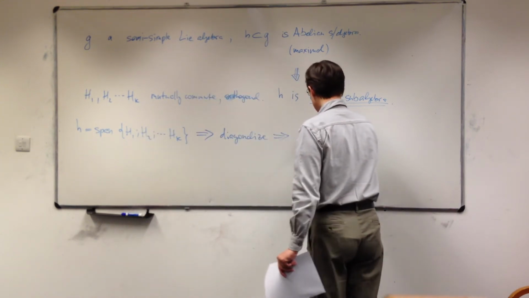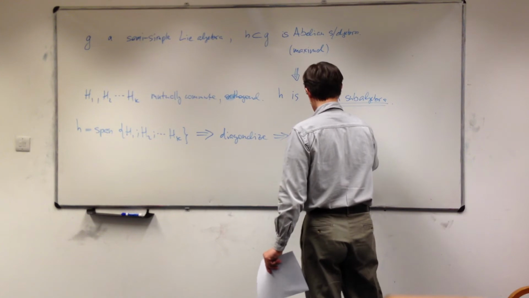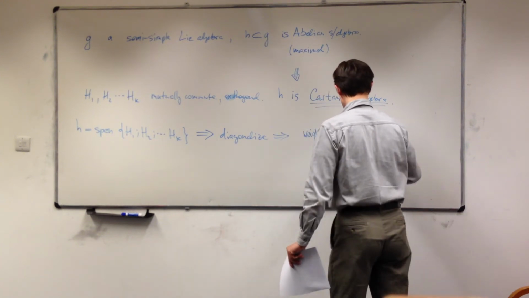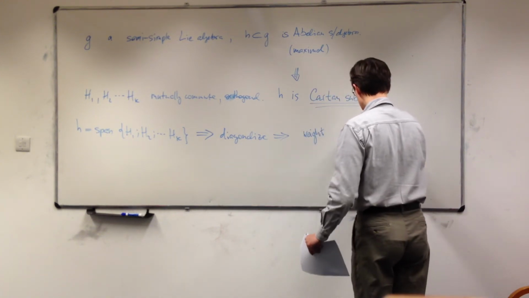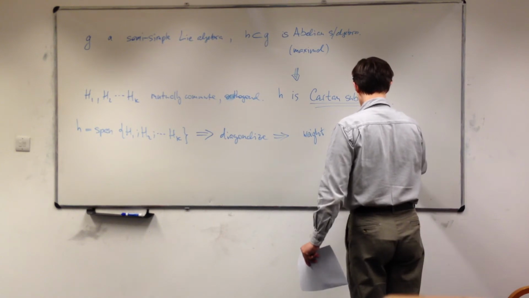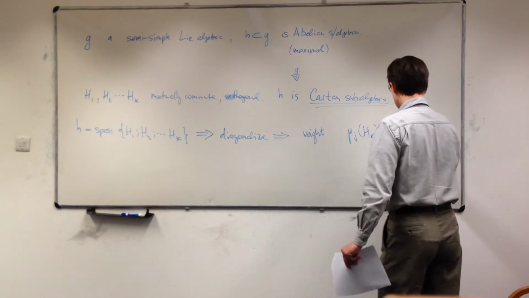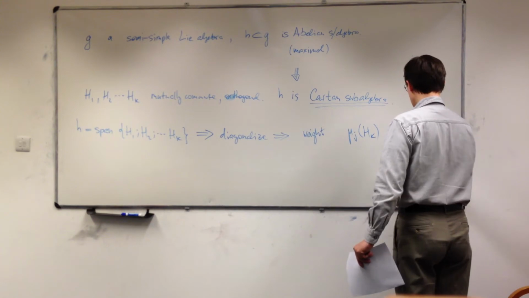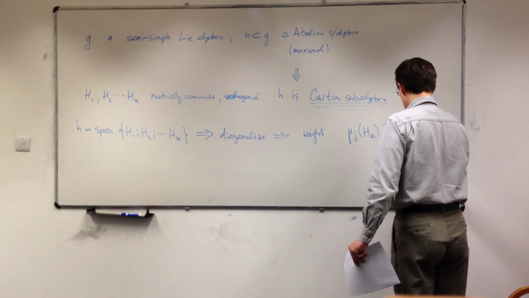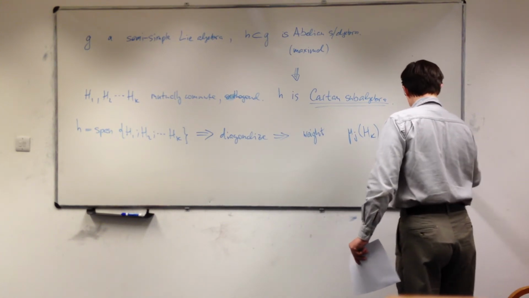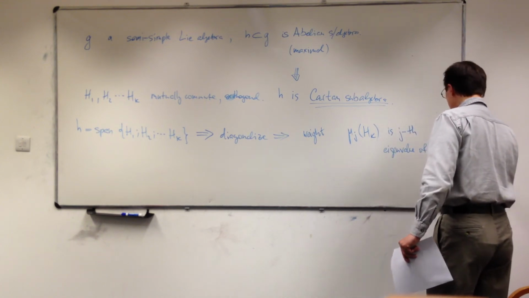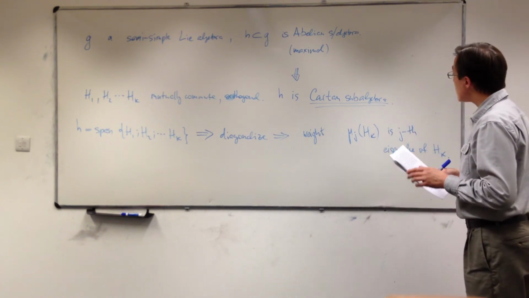And then a weight, mu, let's say mu_j of H_k, is the jth eigenvalue of H_k. And you can see it's a vector.